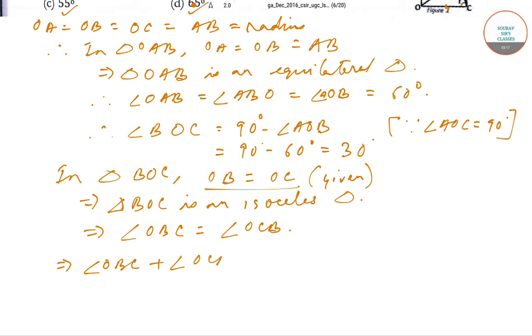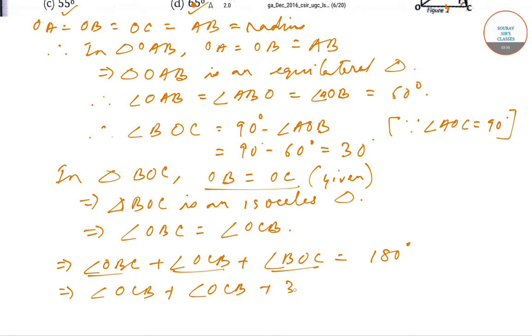So now if we try to find out the value of this angle, here angle OBC plus angle OCB plus the angle BOC, the sum of these three angles is equal to 180 degree. Now we know that angle OBC is equal to angle OCB. So we can write angle OCB plus angle OCB, and BOC we have found out that it is equal to 30 degree, and the overall sum is equal to 180 degree.